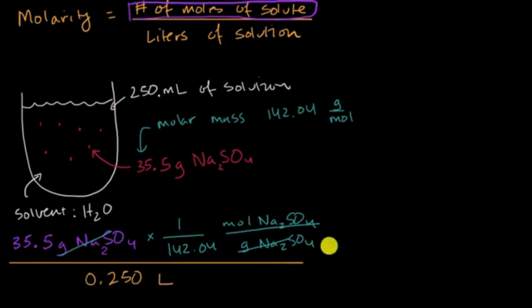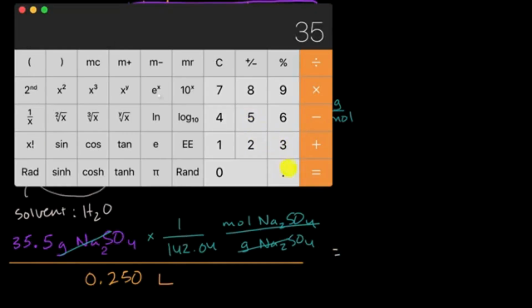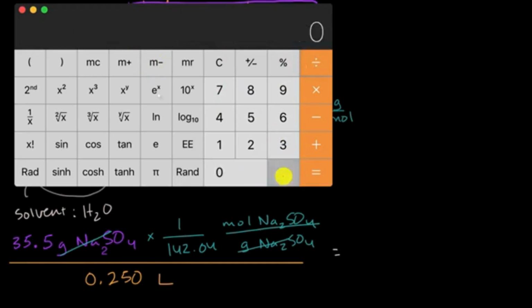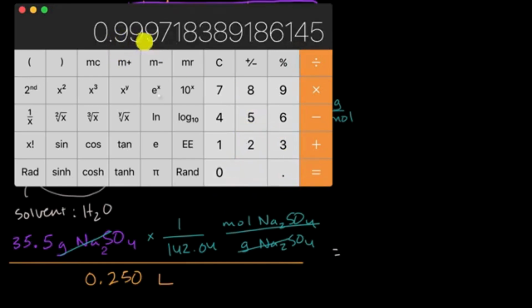And now we can just use our calculator to figure out what this is. 35.5 divided by 142.04 equals that, and then we divide that by 0.25. I could just throw a 0 in there, and then that gets us that right over there.